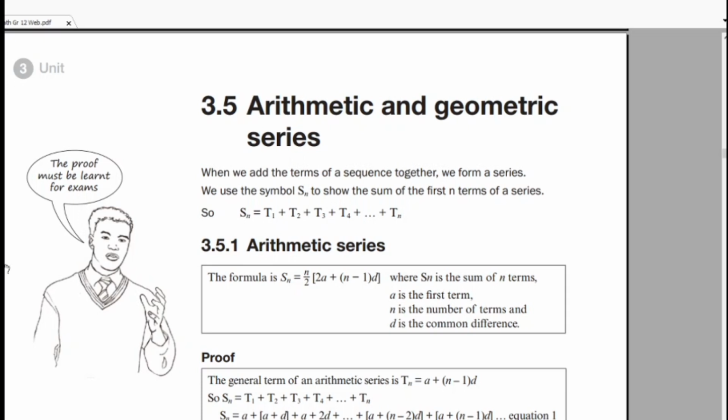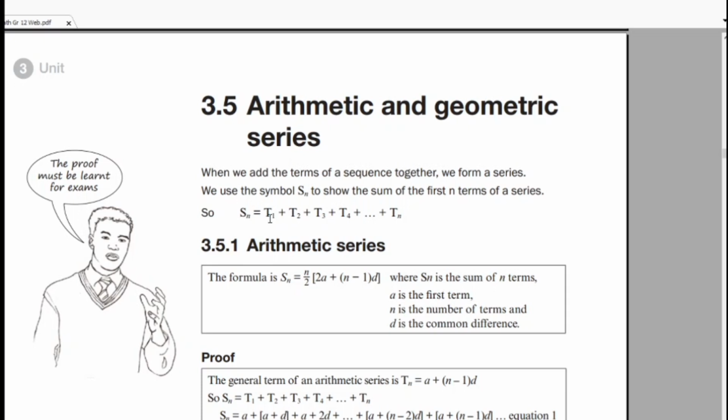So let us read through this. When we add the terms of a sequence together, we form a series, right? We use the symbol Sn to show the sum of the first n terms of a series. So Sn is the sum of the first n terms of the series, right?